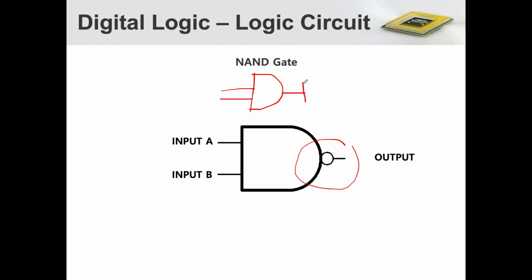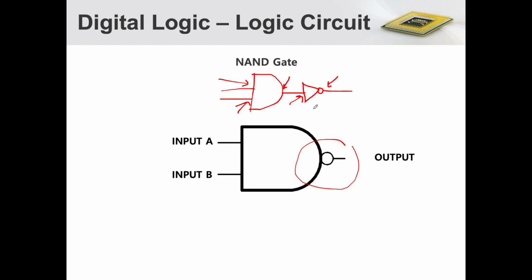Let me draw it, it will be like this. You have one input and one output for NOT, and one output and two inputs for the AND gate.